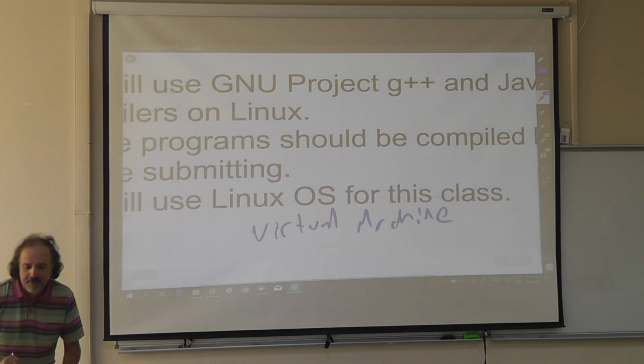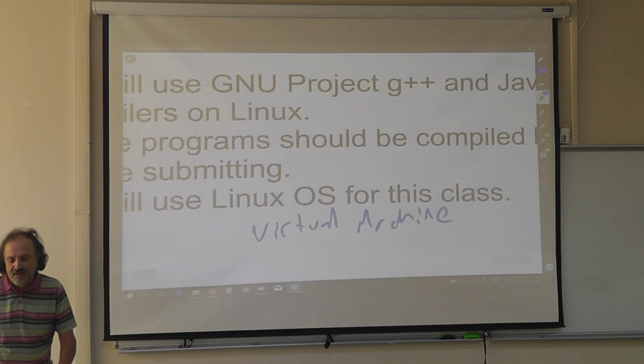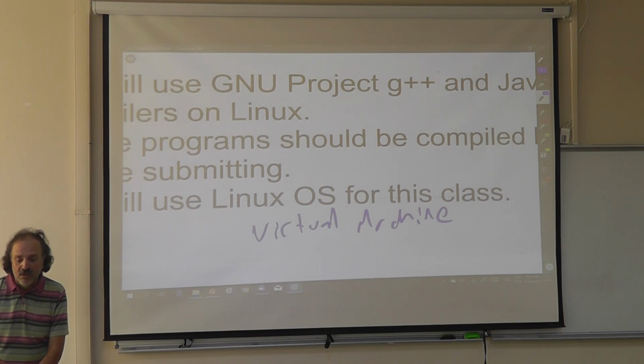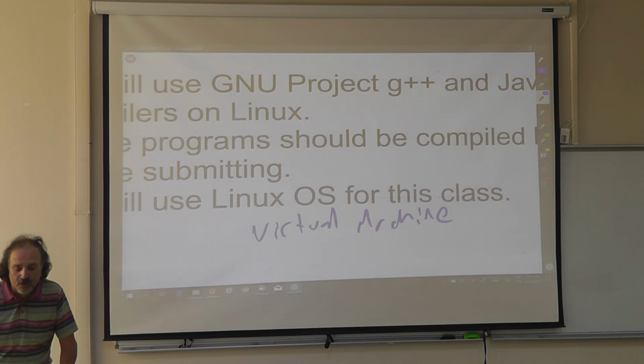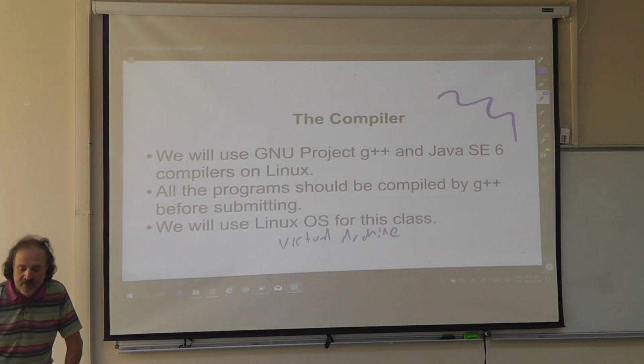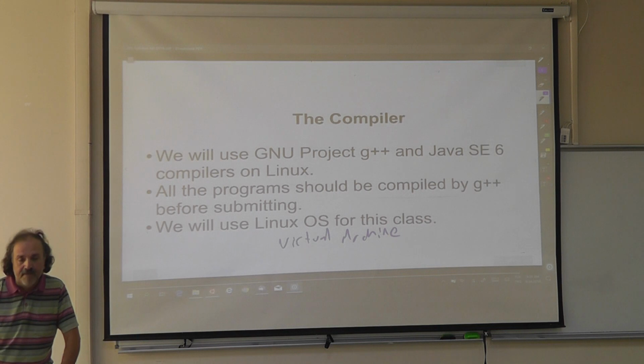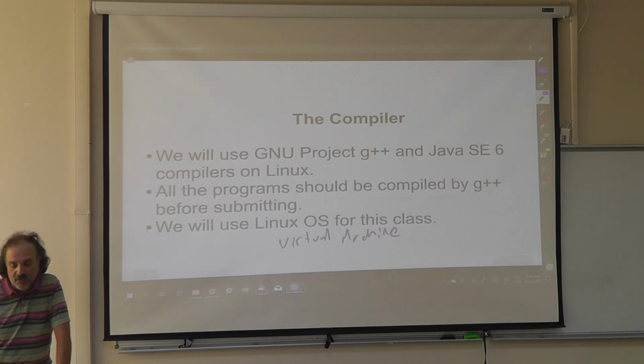This virtual machine is a software actually, but it behaves like a new operating system on your computer, and you can compile your code on this virtual machine. That virtual machine is exactly the same machine where we test your code, where we grade your code. So there will be no compatibility issue between your computer and our computer. So in the first homework, we will put the link for the virtual machine on the course system. Okay. So there is no exception for this rule.